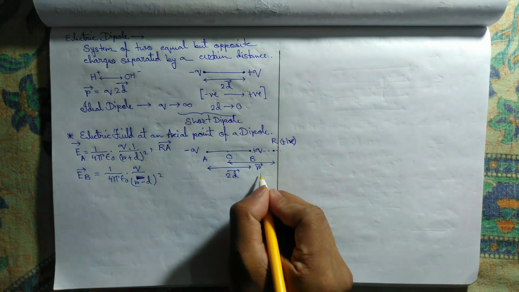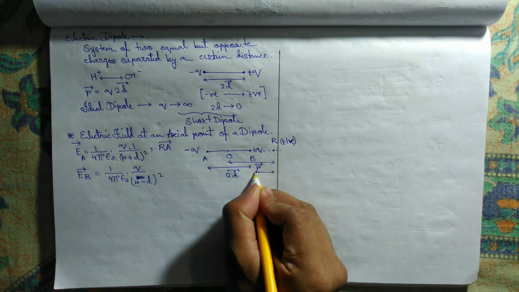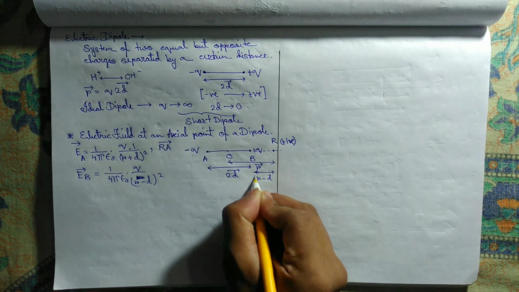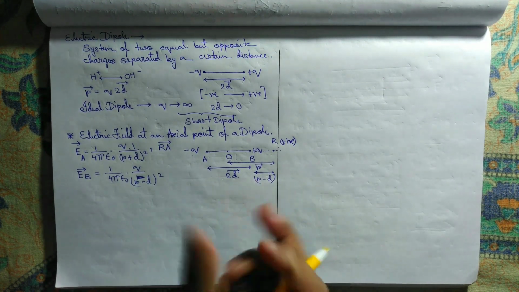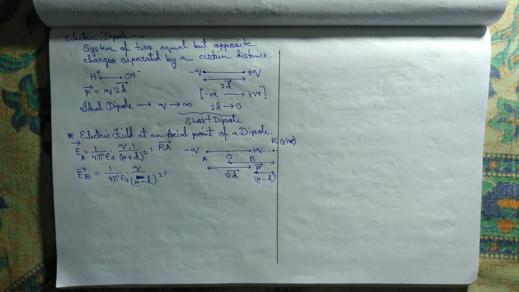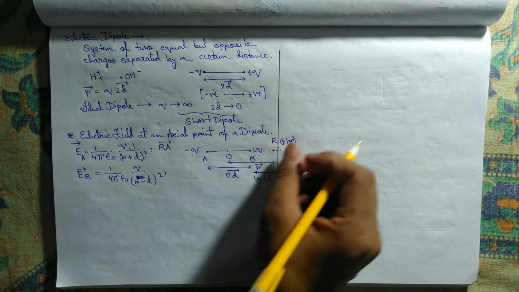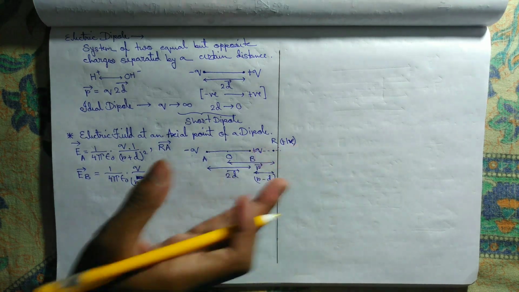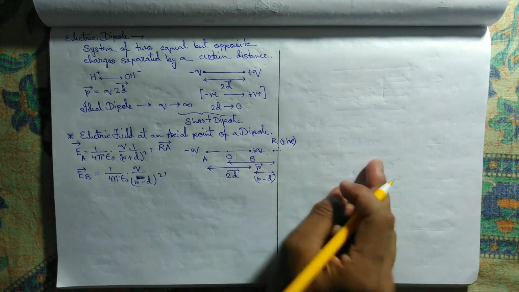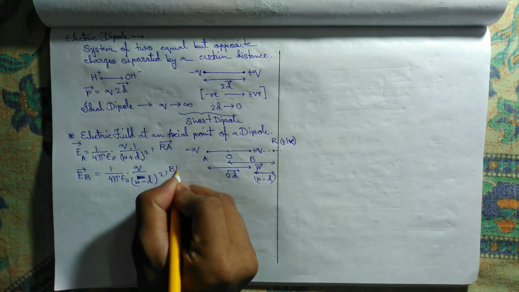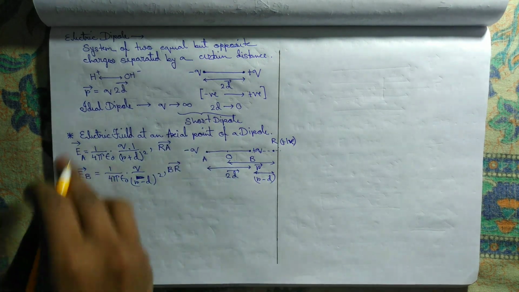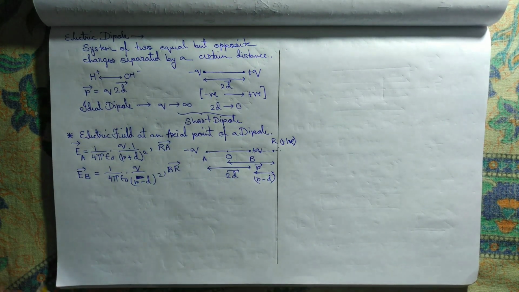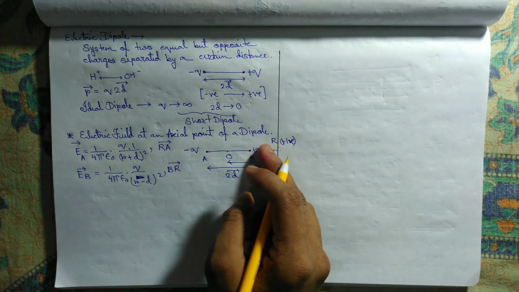This distance will be r minus d, and this total distance will be r plus d. What will be the direction? This is a positive charge, and it will repel the positive unit charge, so it will be in the B to R direction. Now these are the two separate, individual electric fields due to the point static charges.